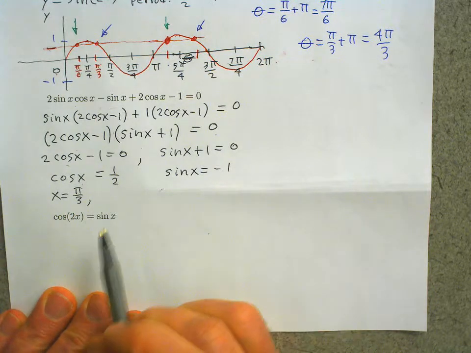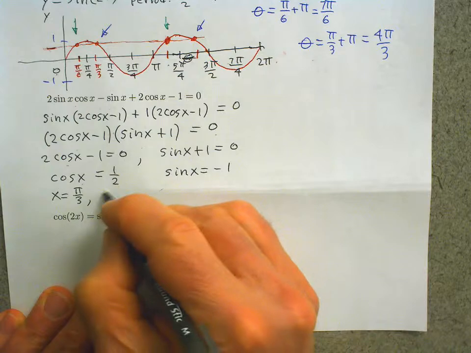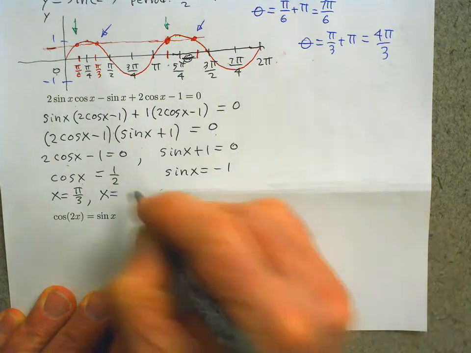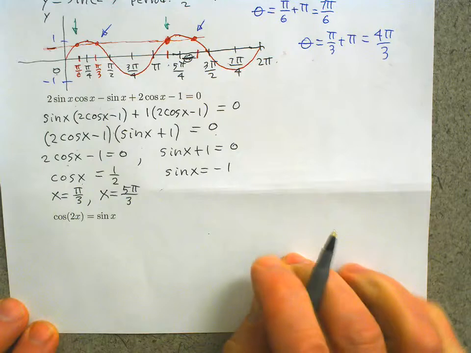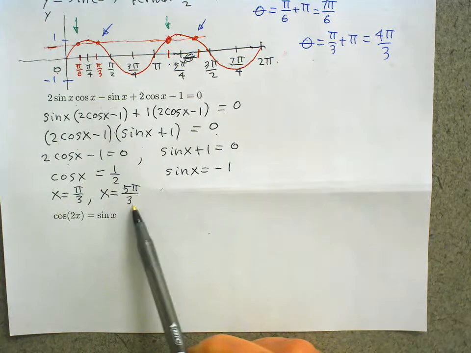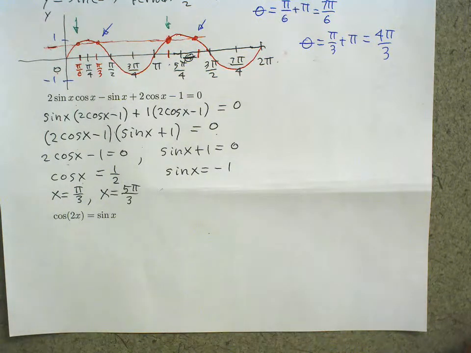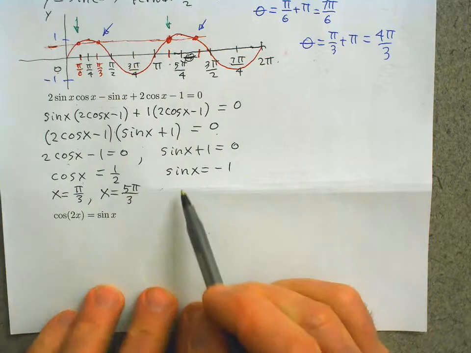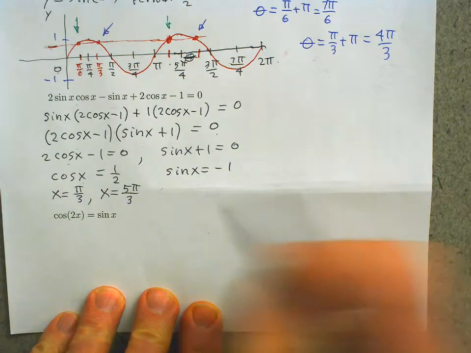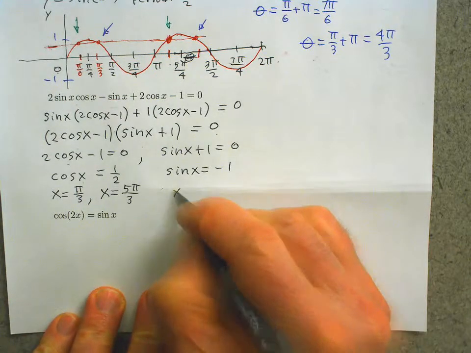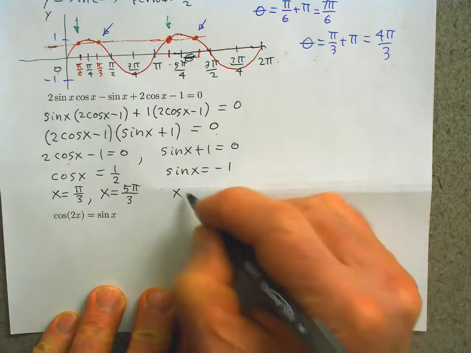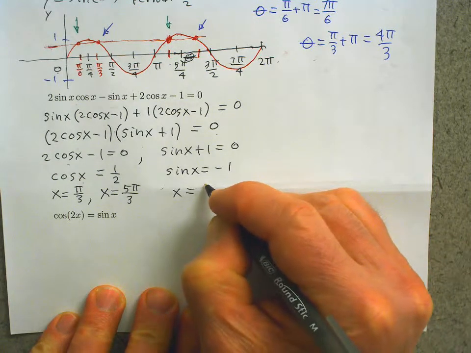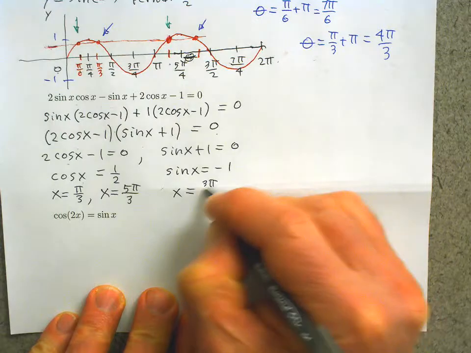And then also in the fourth quadrant, if x is 5 pi over 3, then cosine of 5 pi over 3 is equal to 1/2. Sine of x equals -1. There's only one number between 0 and 2 pi where sine of x is equal to -1, and that's x equals 3 pi over 2.